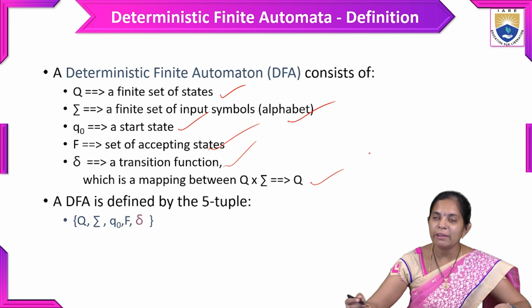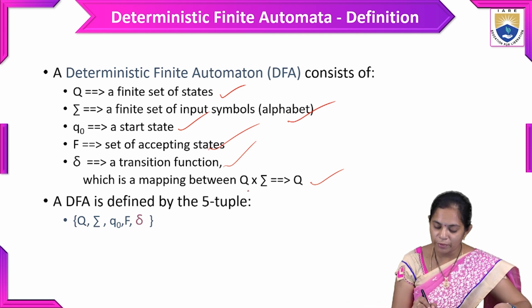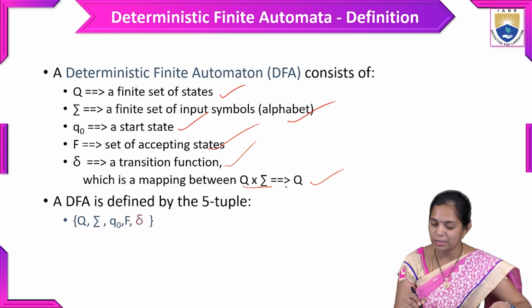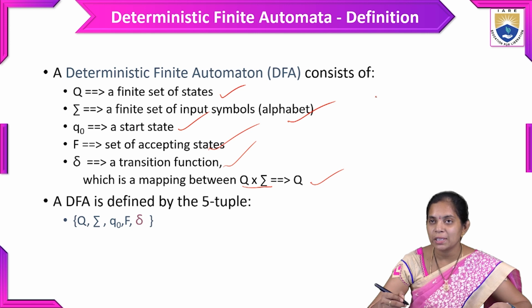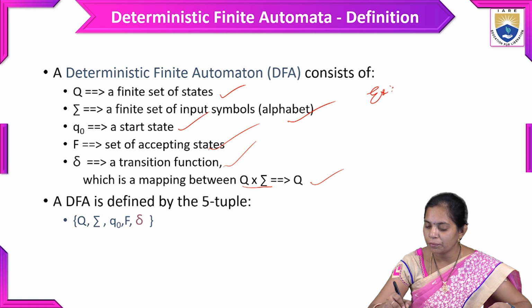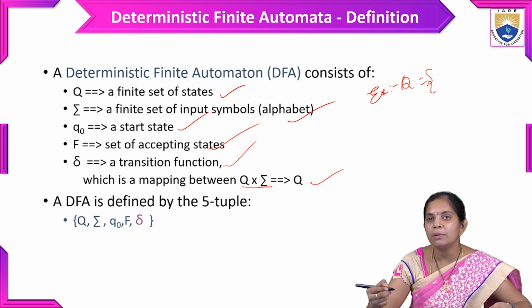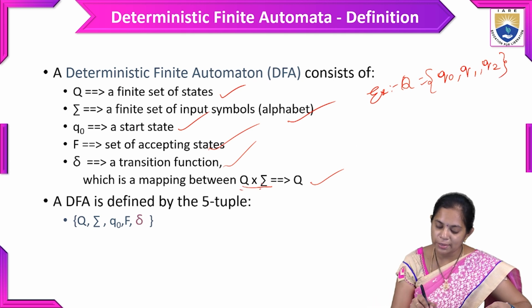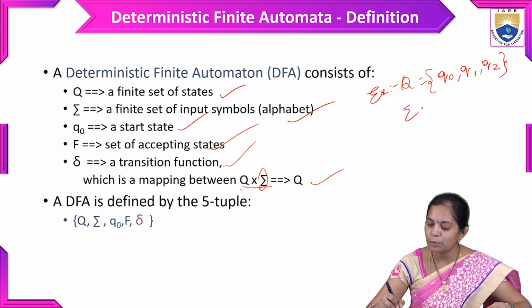Coming to the DFA transition function, we have Q cross sigma. Q is a finite set of states, named with capital letters. Based on the transition, many states may be required, and those states we give as Q. And it is Q cross sigma, where sigma represents the input symbols.